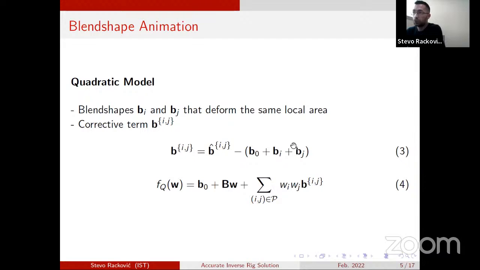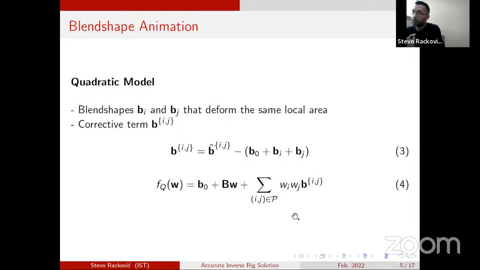So whenever these two are activated together in the future, they also need to involve the corrective term, and it is involved with the product of the weights corresponding to these two blend shapes. So now we have this quadratic term.